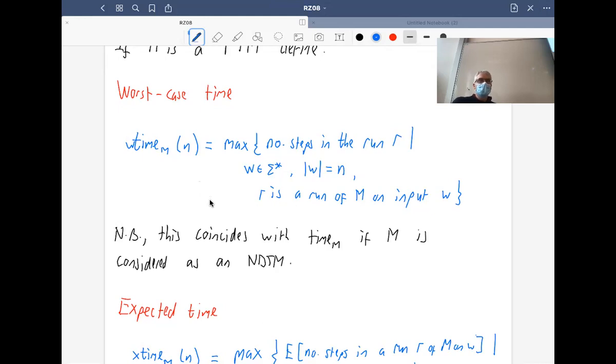However, a lot of the literature on probabilistic complexity does base itself on worst case runtime. And in fact, the Arora and Barak book, which is the main course textbook, bases pretty much all the definitions on worst case runtime.